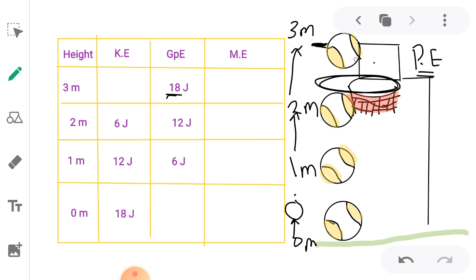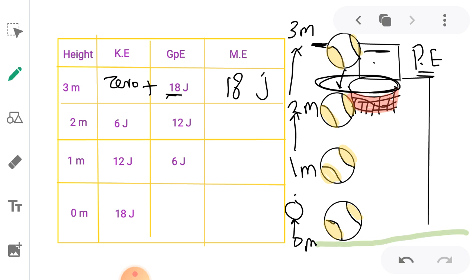And the kinetic energy, because it doesn't move, does it have any kinetic energy? No. So the amount of kinetic energy is 0. Now let's calculate the mechanical energy. We add kinetic plus gravitational potential energy, so it will be 18 joules. So the mechanical energy here is 18 joules.